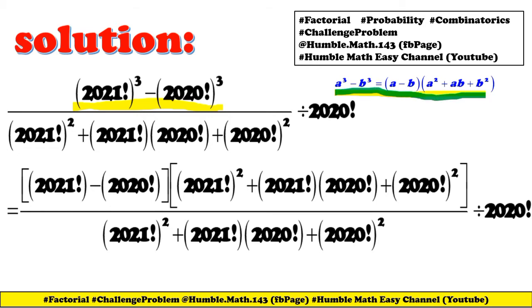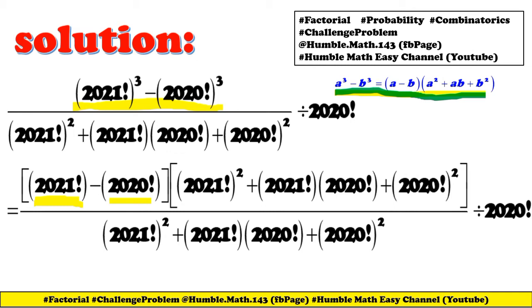So we factor using the pattern for the difference of two cubes. The first factor is the quantity 2021 factorial subtracted by 2020 factorial. Then the second factor is the square of the first term, which is 2021 factorial squared, added to the product of the first term and the second term of the first factor, so we have 2021 factorial times 2020 factorial.